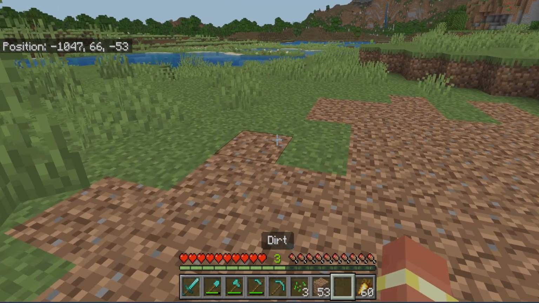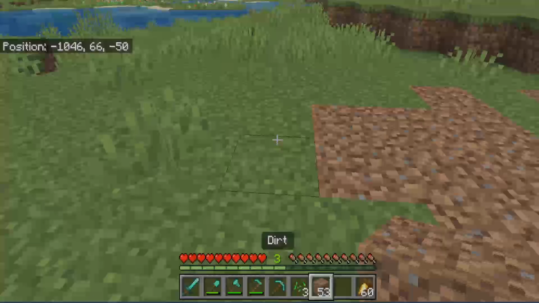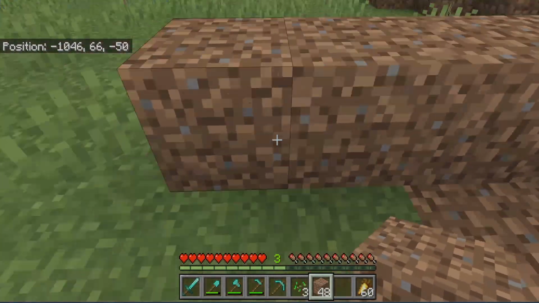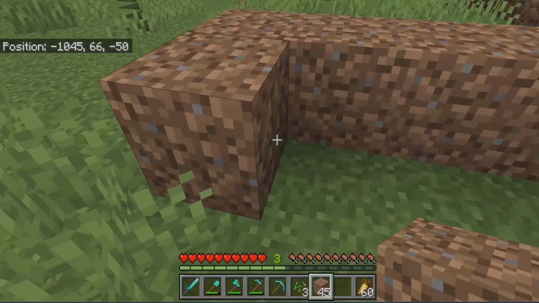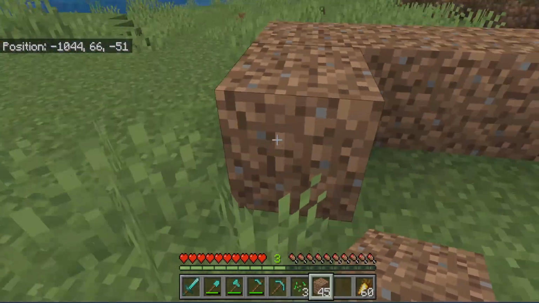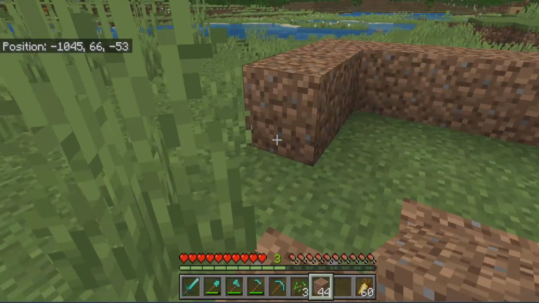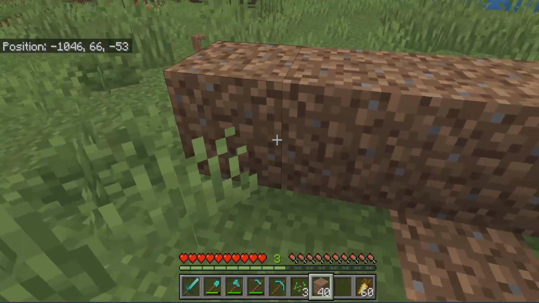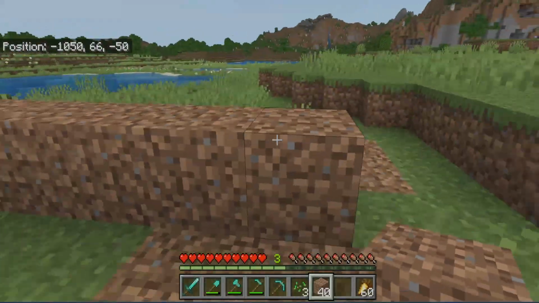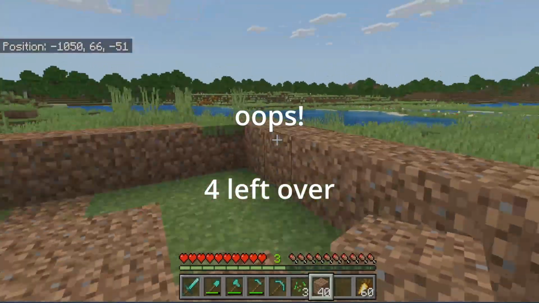And which means if we arrange these in a row of 7, 4, 5, 6, 7, and then we go 7 this way, so that's 1, 2, 3, 4, 5, 6, 7. We're going to fill all of this and have 3 left over.